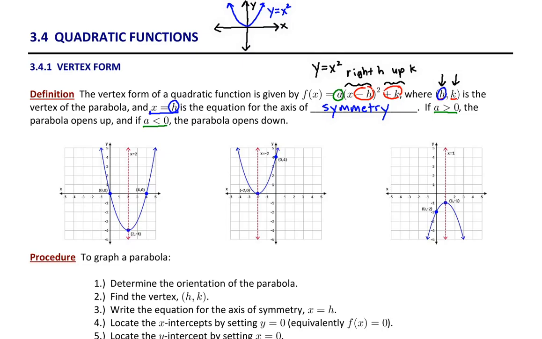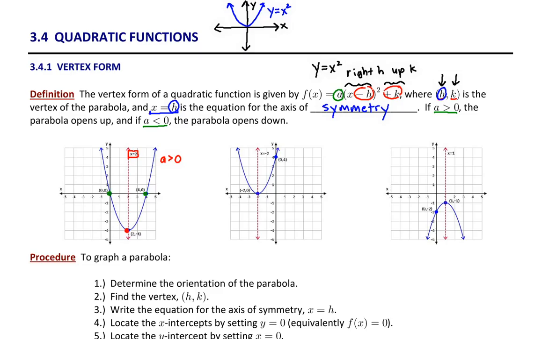On the first example, notice the parabola opens up. This means its leading coefficient would be positive. Also observe that we have the vertex at (2, -4), and our axis of symmetry passes right through that vertex. This divides our parabola in two matching pieces. In this case, we've got two x-intercepts.